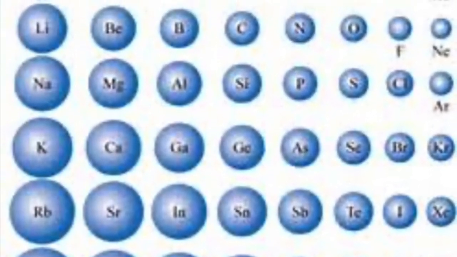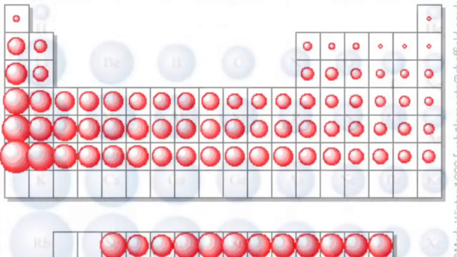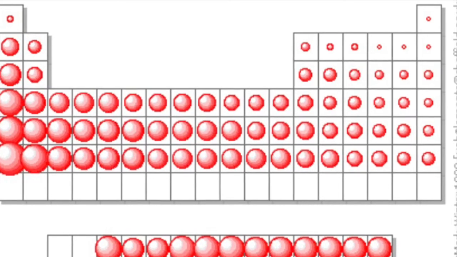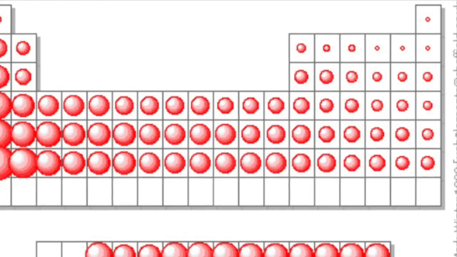Since these electrons are added to the same shell, there is a decrease in the atomic radius or atomic size across a period.